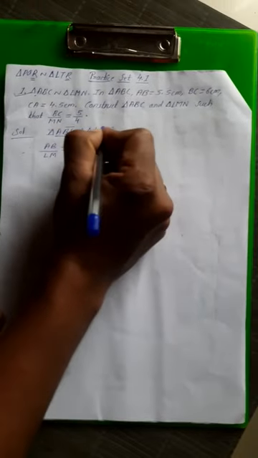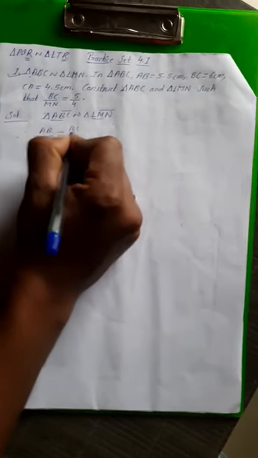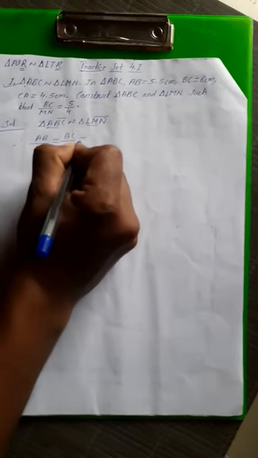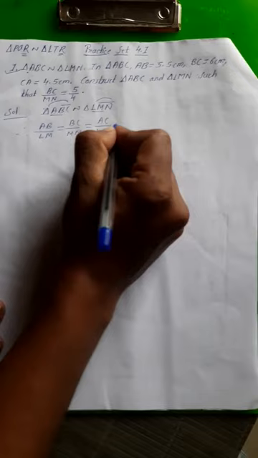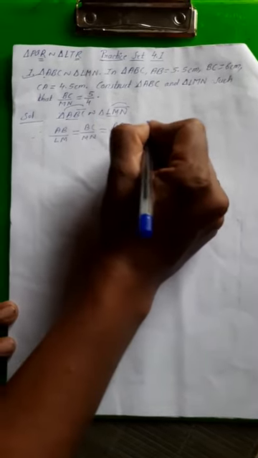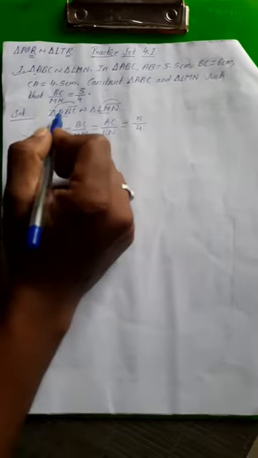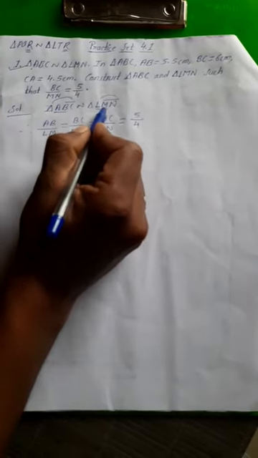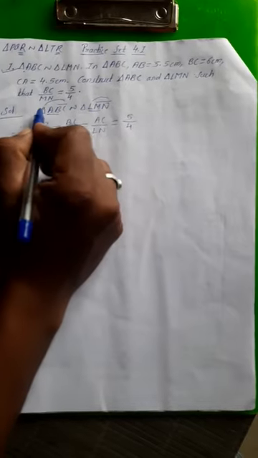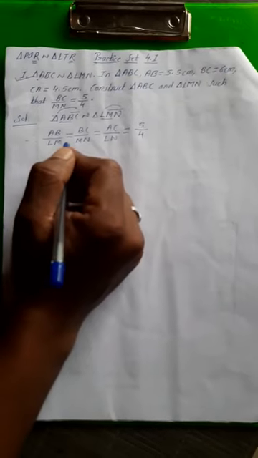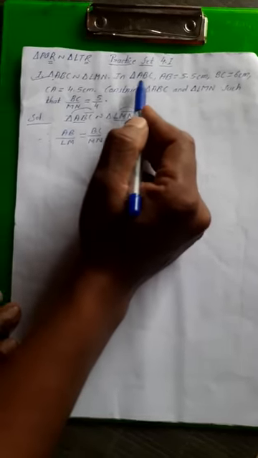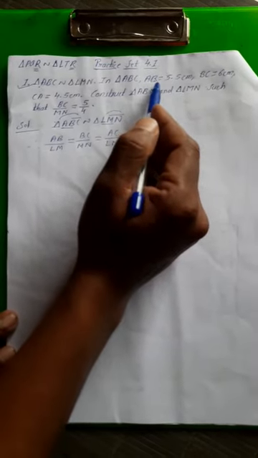AB upon LM is equal to BC upon MN is equal to AC upon LN is equal to 5 upon 4. Once again, AB upon LM, BC upon MN, and AC upon LN. So these are the ratios of corresponding sides. Now in triangle ABC the lengths of the sides are given.